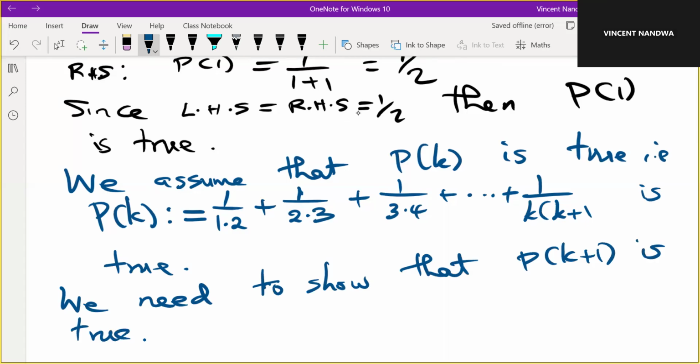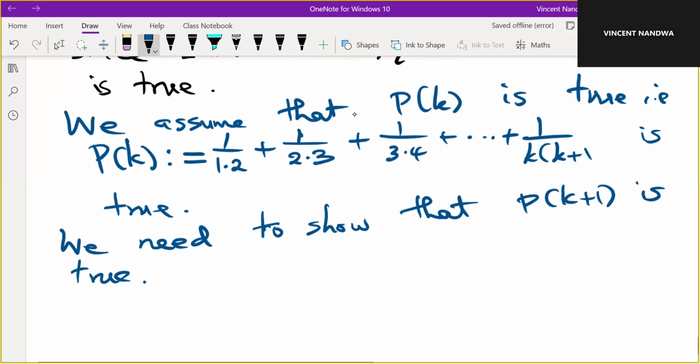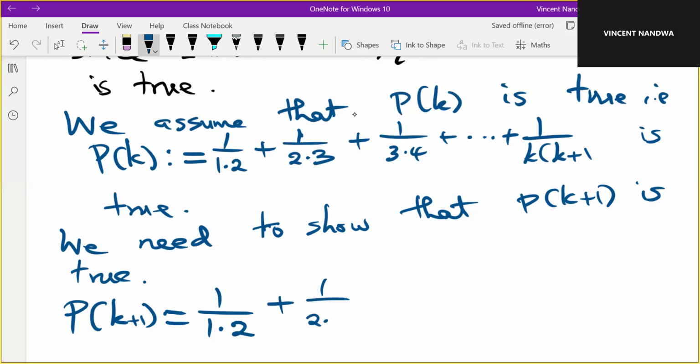So I want you to tell me, P of k plus 1 will be equal to? 1 over 1 times 2 plus 1 over 2 times 3 plus 1 over 3 times 4 all the way plus 1 over, then what is the next term?